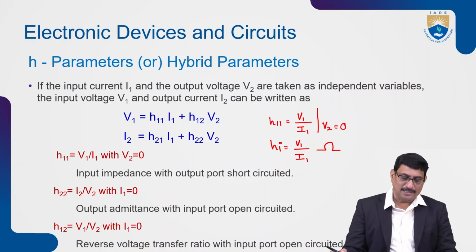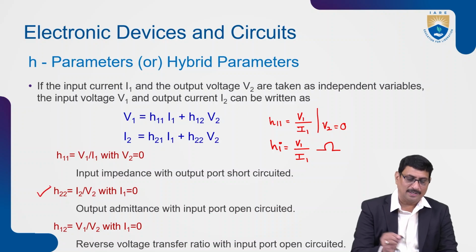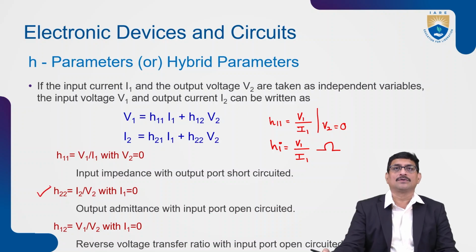Whereas the other parameter H22, from the other equation we can write H22 equal to I2 divided by V2 with I1 equal to 0. Input current equal to 0 is nothing but open circuited, and it is the ratio of output current to output voltage.